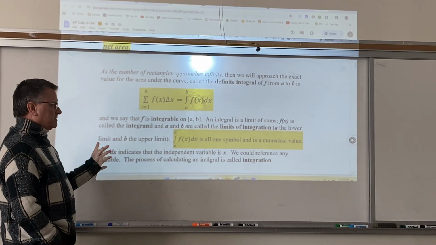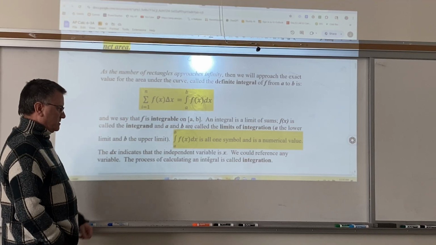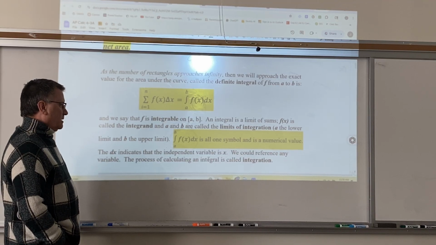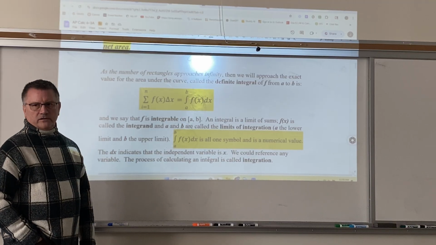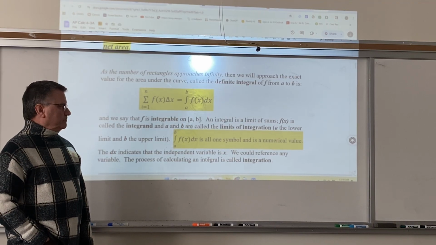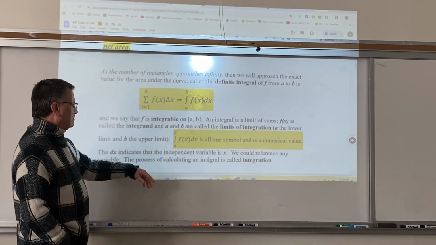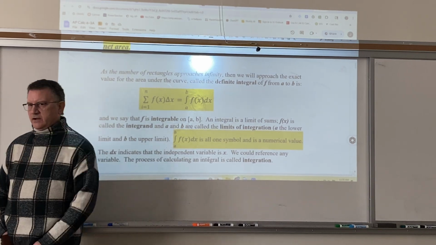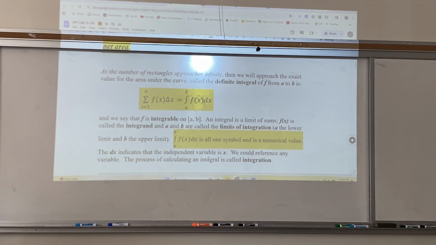If I have different variables, it's nice to know this is the one I'm supposed to focus on, dx. And the process of calculating an integral is called integration. Anyway, a lot of integral type terms here, and we'll go through that in more detail. This is just the first time you're seeing it.